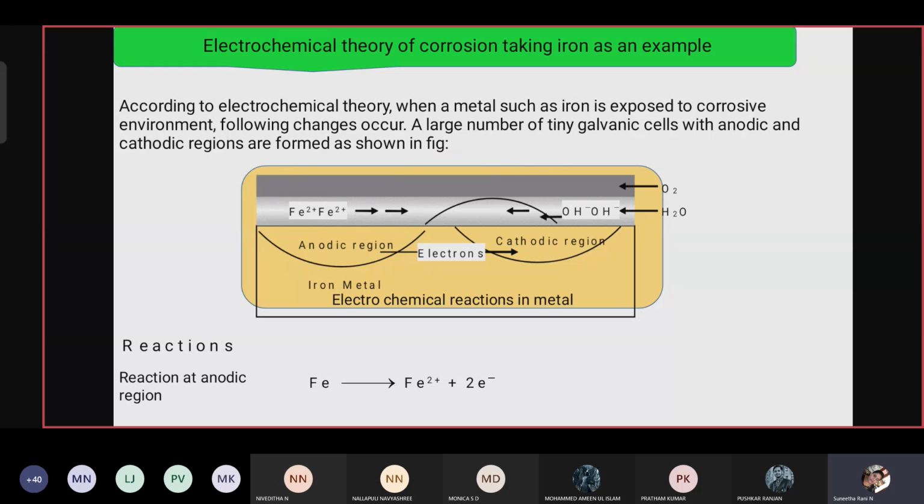In the cathode region, what are the different conditions that liberate OH- ions at the cathode surface? We'll see what those reactions are.